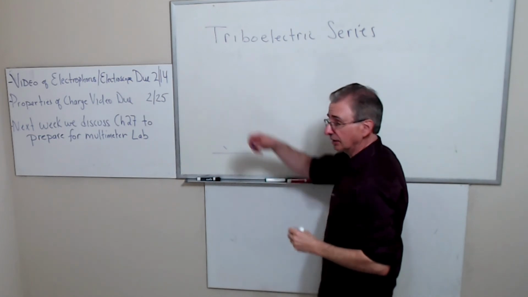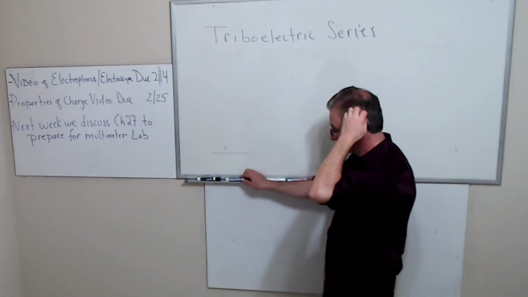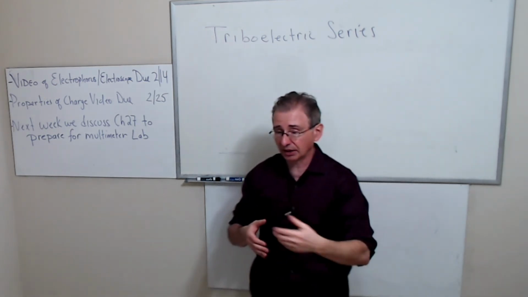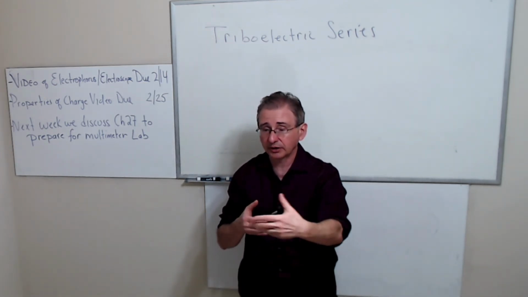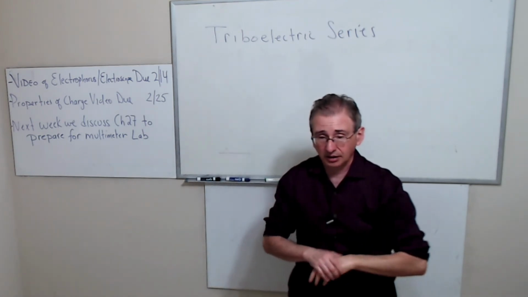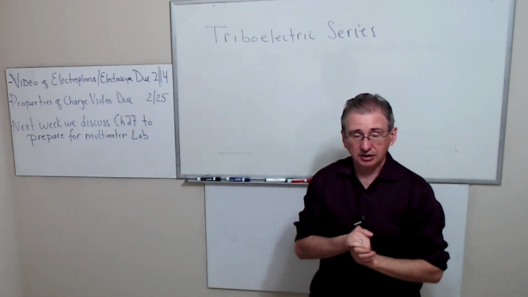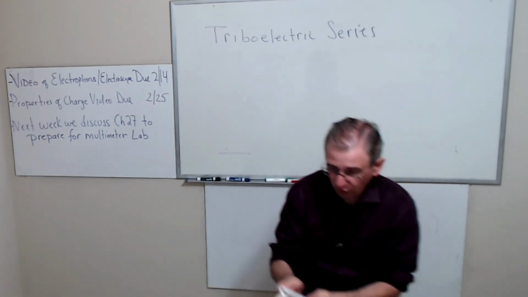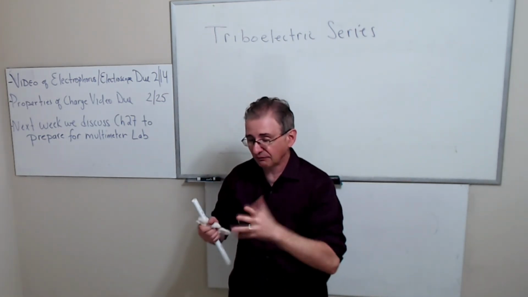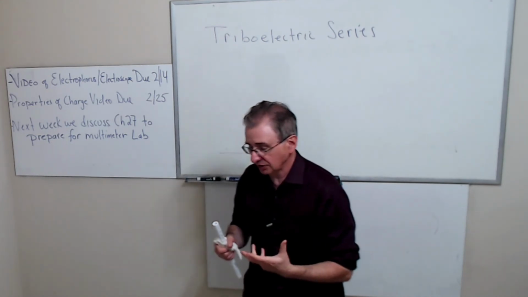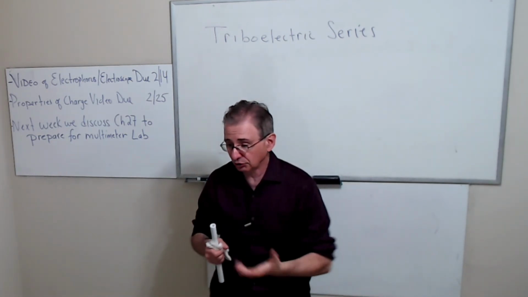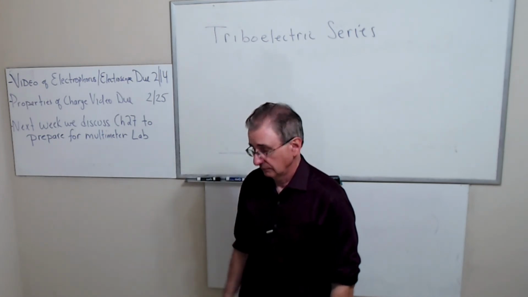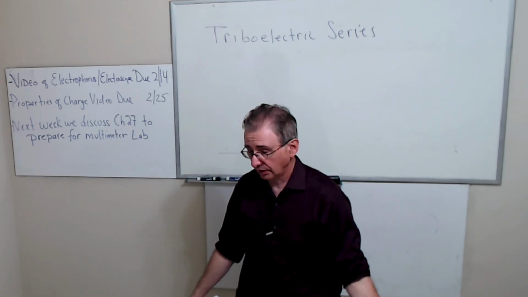They assign a value that describes how well a material will pick up negative charge, or how well it will give off negative charge. If you rub two materials together that have the same value in the triboelectric series, do you think you're going to be transferring charge? The answer is no. It ain't going to happen.